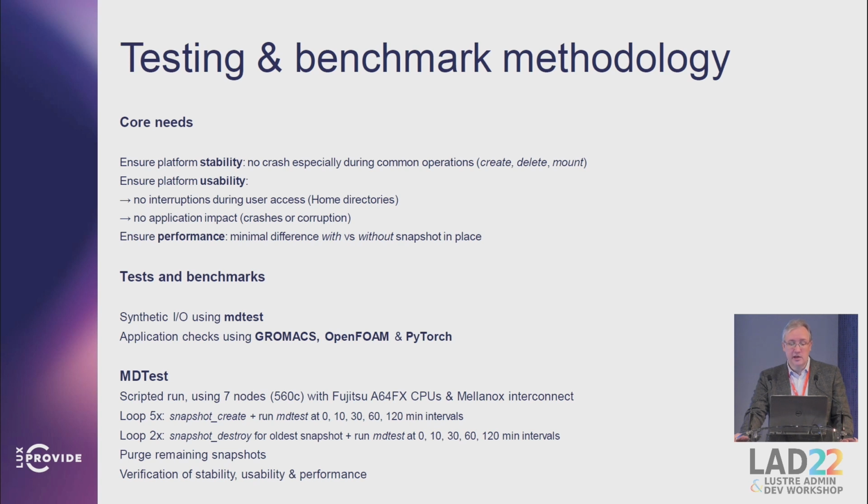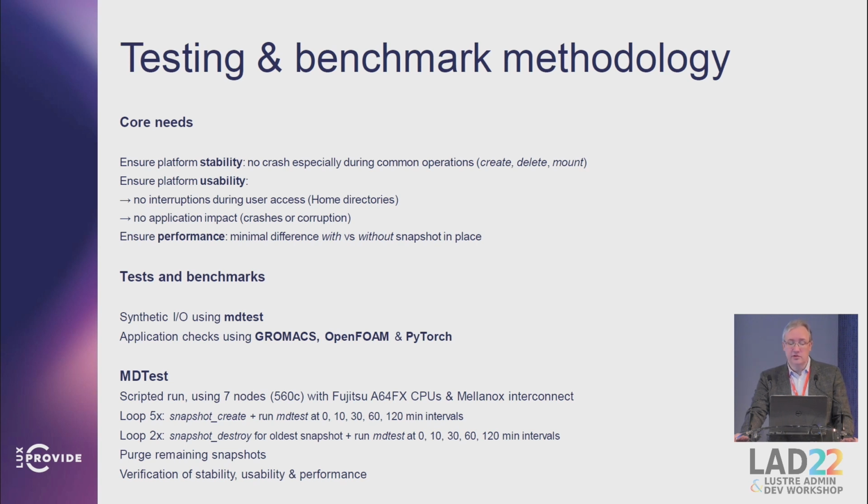So I created a loop, did a snapshot create, ran MD-test after the create at 0, 10, 30, 60, and 120 minute intervals after it, to see the performance impact over time of a snapshot create. Would loop over that 5 times, so basically create 5 snapshots.